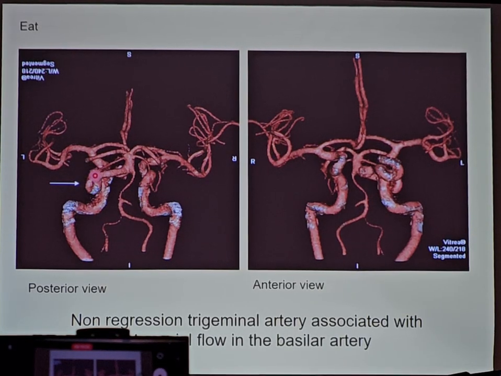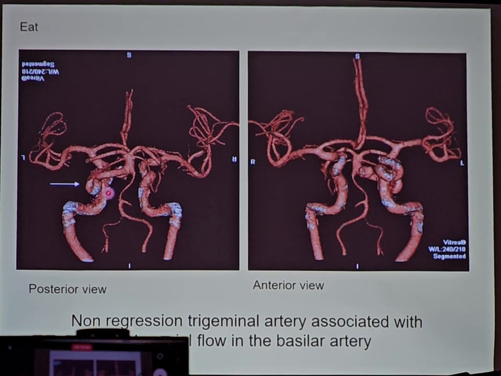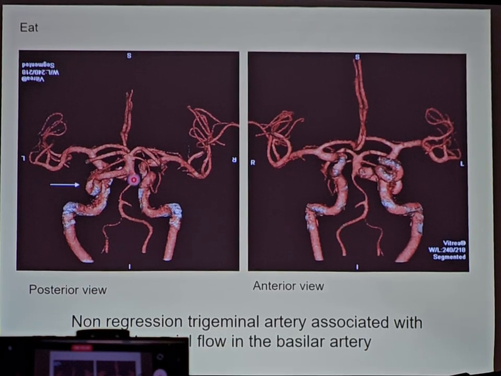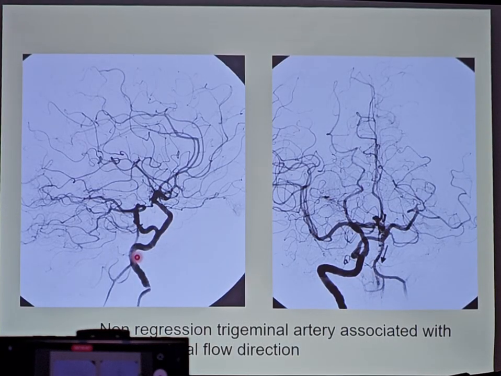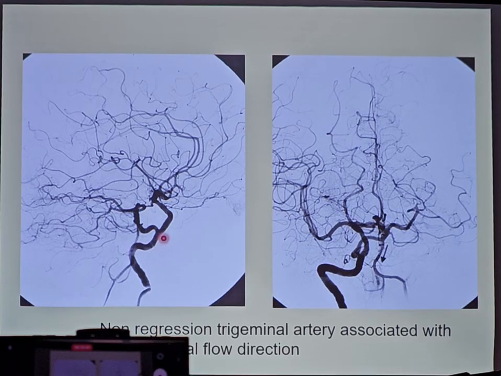You can see the typical configuration of a posterior view looking from behind the carotid artery. We see nicely the trigeminal artery turning into the upper basilar artery, which is very big, and a very small caliber proximal basilar vertebral system. So the system is imbalanced, and if it's not imbalanced, you can see variations in the size and the flow of these channels.